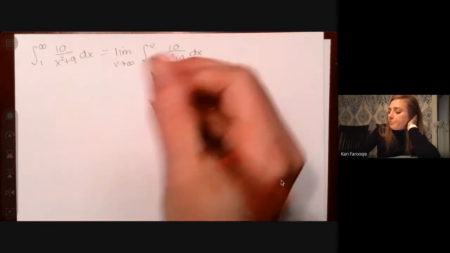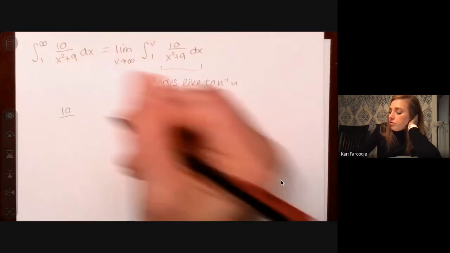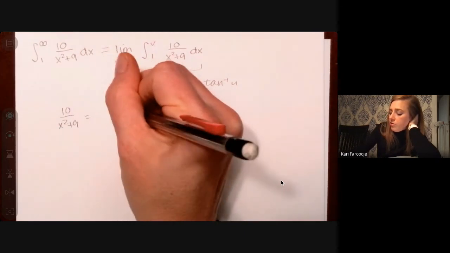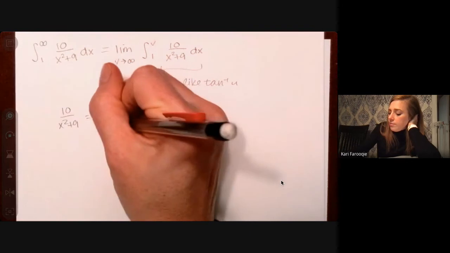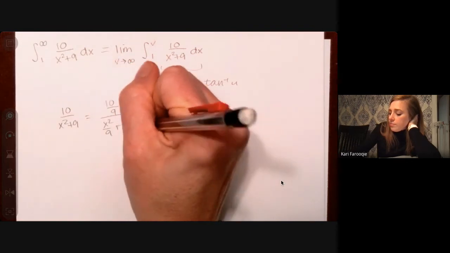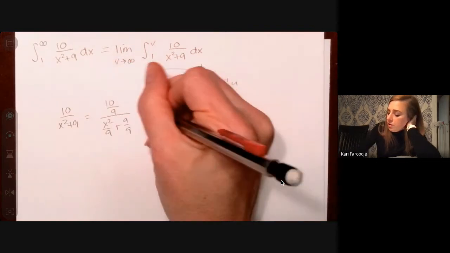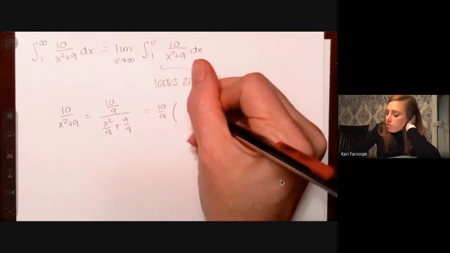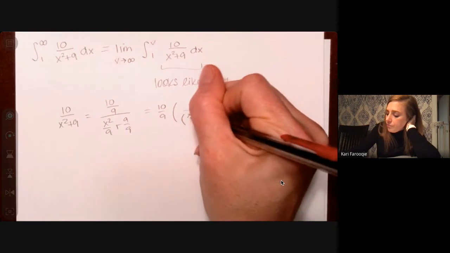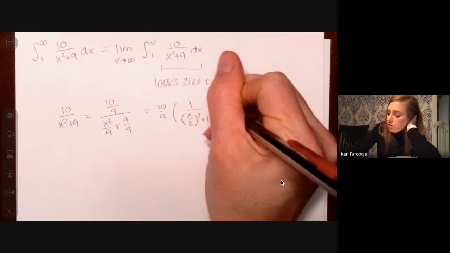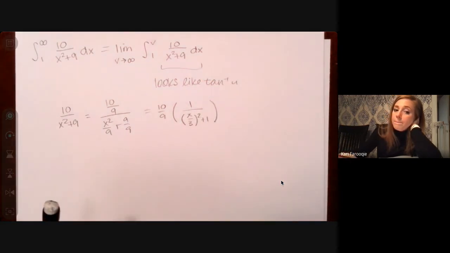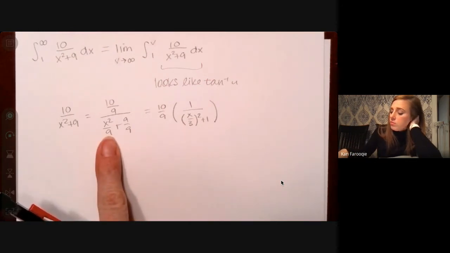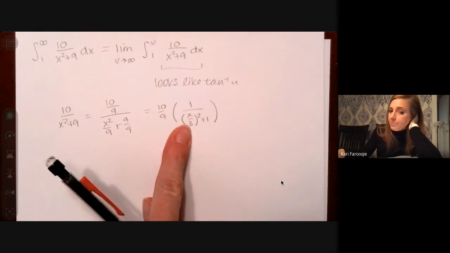I'm going to rewrite this function. I'm going to divide everywhere by 9. And then we'll get 10/9 times, I'm just going to pull that out front, 1 over x over 3 quantity squared plus 1. Remember, I have to take this fraction and write it as quantity squared. And we're going to add 1.